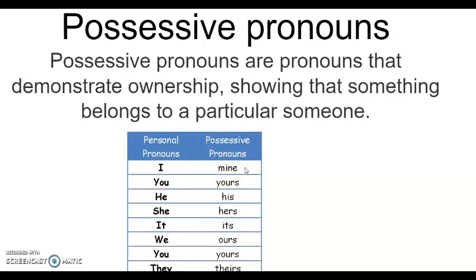Something is mine, algo es mío, you see? When we have yours, algo es tuyo. When we have his, algo es suyo de él. Hers es algo suyo de ella. Its es algo suyo de un animal o una cosa. Ours es de nosotros. Yours es de ellos y theirs es también de ellos.